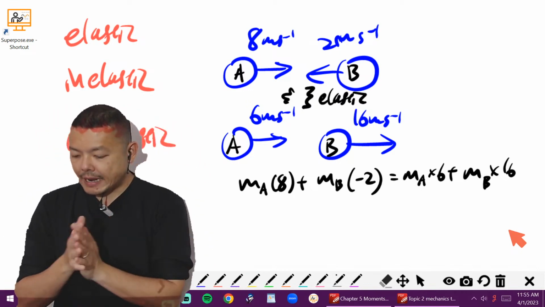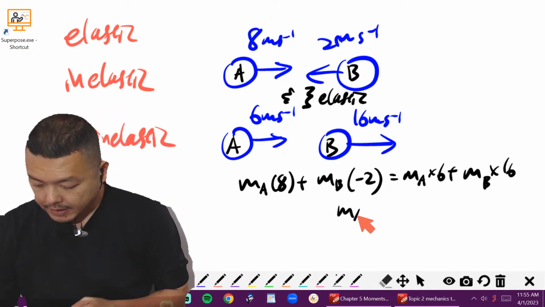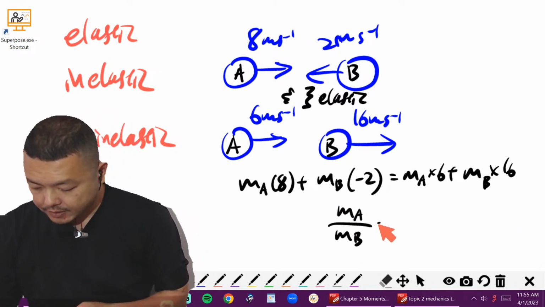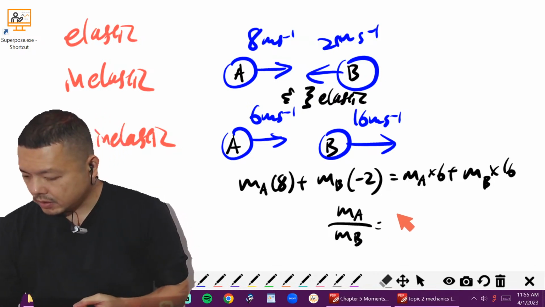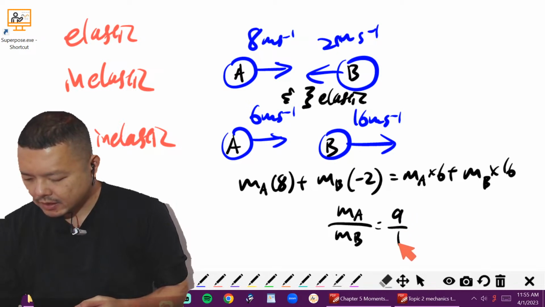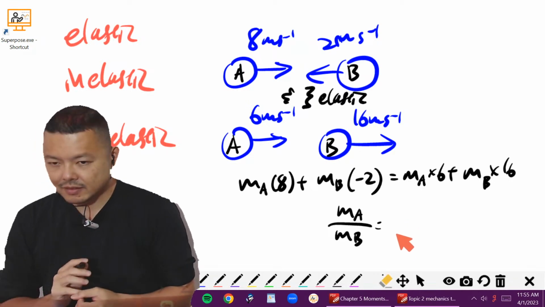Show me, what's the ratio of MA to MB? Mass of A over the mass of B. What? 1:9? Good. 9 over 1, or 1 over 9. Wait, you all see first.